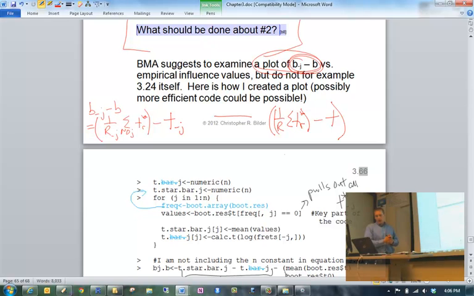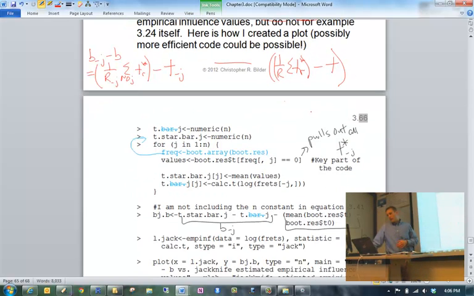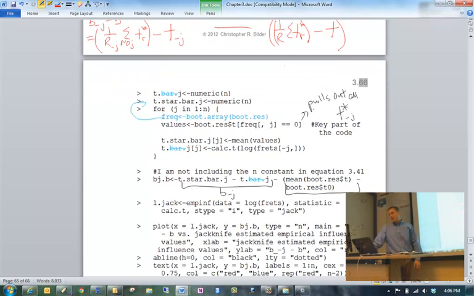Okay. So here's how we can do it. We're going to use a for loop to loop over the J equal 1 to N observations. And in this for loop, we're going to calculate T sub negative J every time, and put it in something called T dot J. Notice that while my code runs just fine the way it is, I thought there were a few changes that, in terms of descriptiveness, would work. And also, this part right here can also be run outside the for loop.